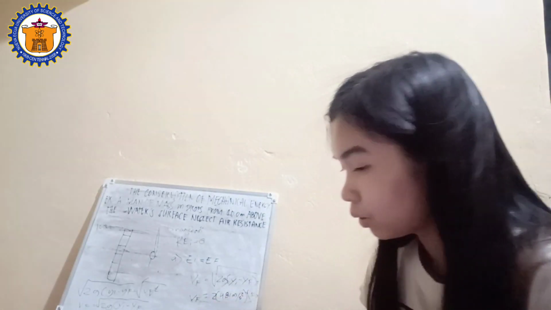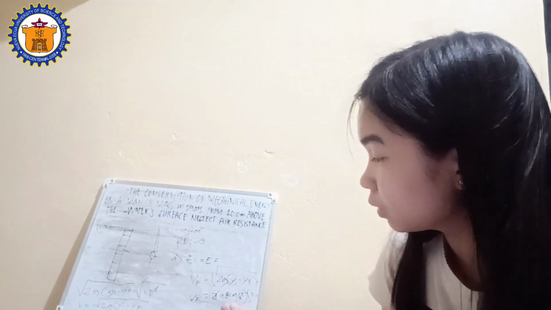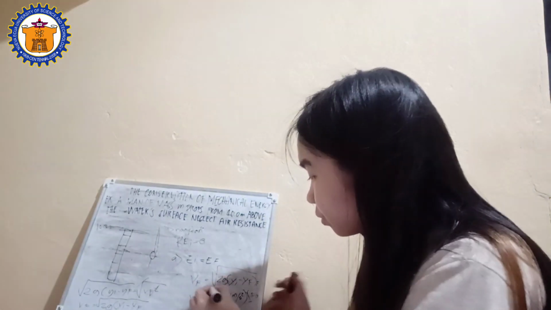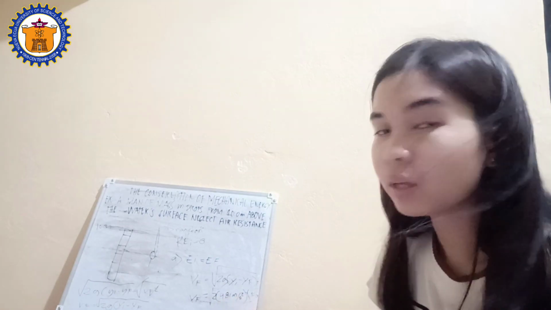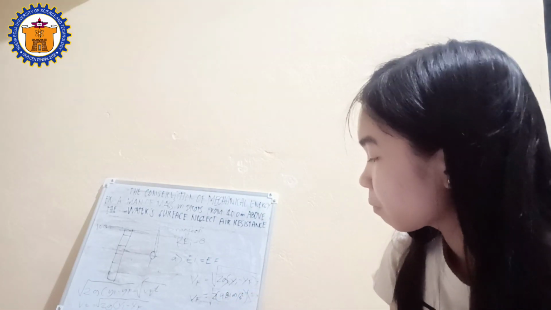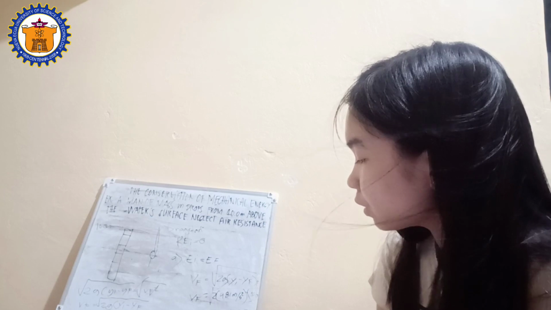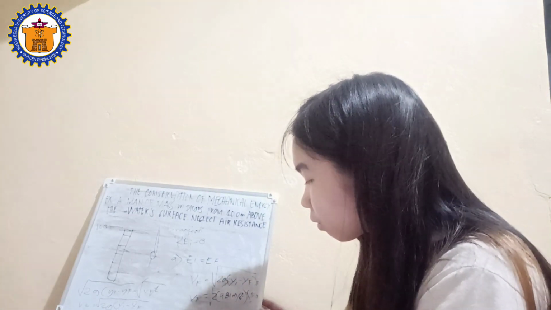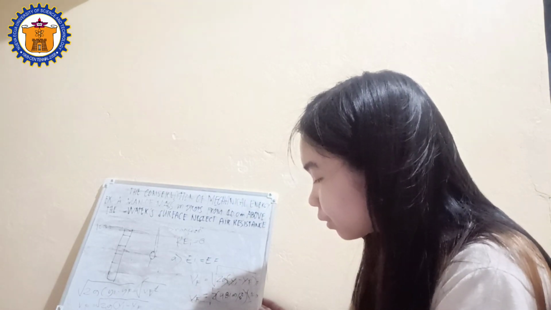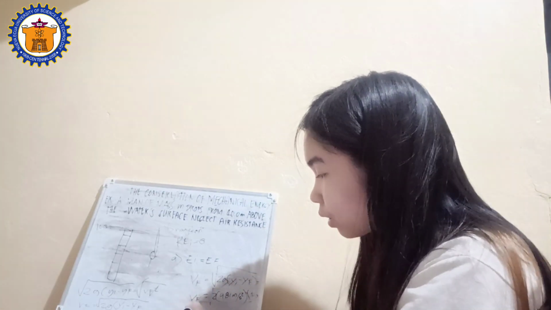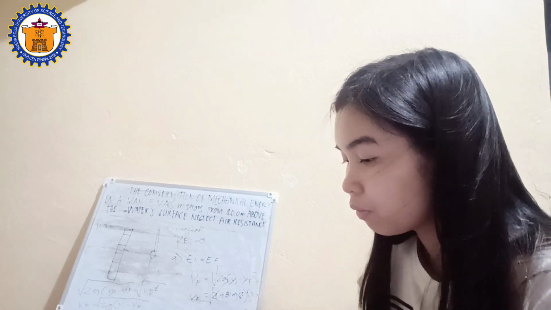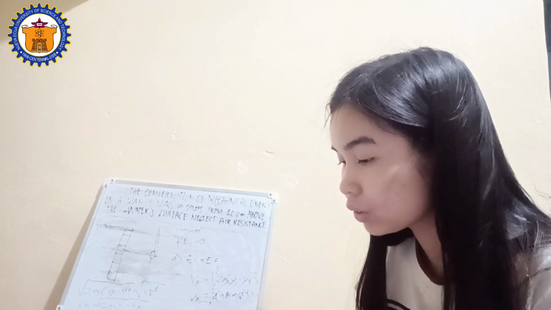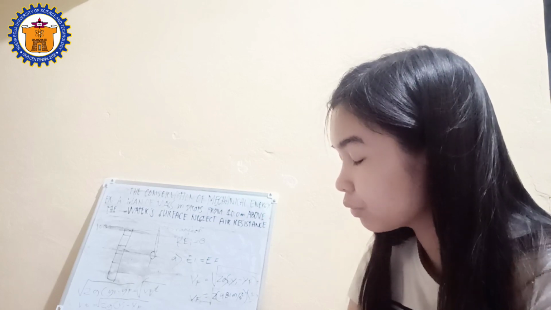So, final velocity now is equal to the square root of 2 times 9.81 meter per second squared times 10 meters minus 5 meters, which is equal to 9.9 meter per second.